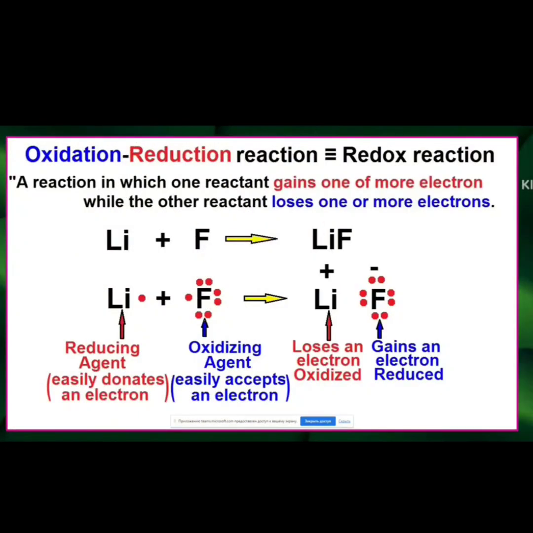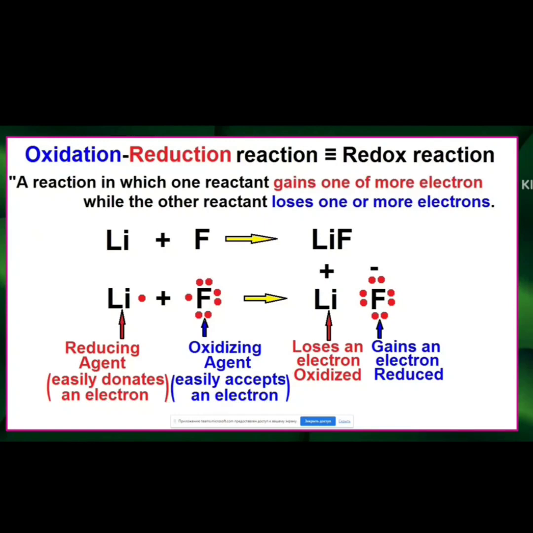And now let's take such an example. Okay? What happens here? We have lithium and fluorine. On its outer shell, lithium has 1 electron. Fluorine has 7 electrons. Indeed, all the atoms want to have 8 electrons on their outer shell. Now look, for lithium, 7 electrons are missing.